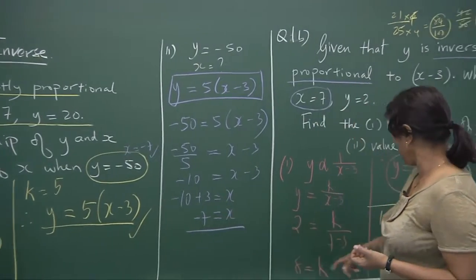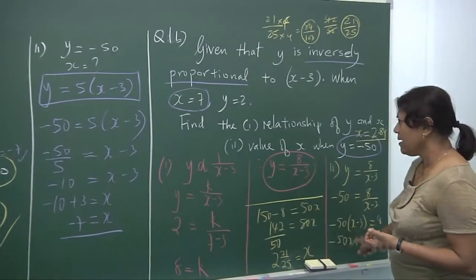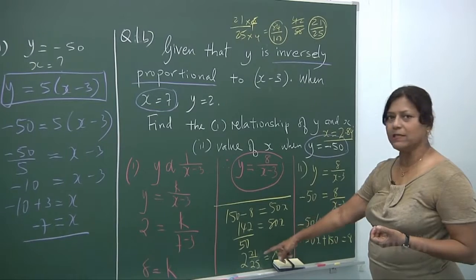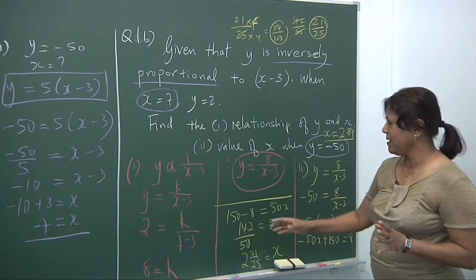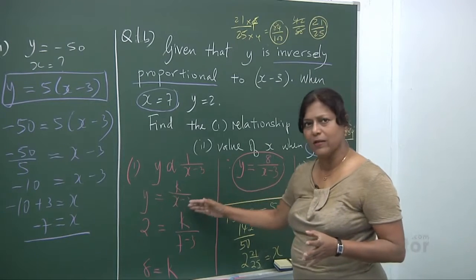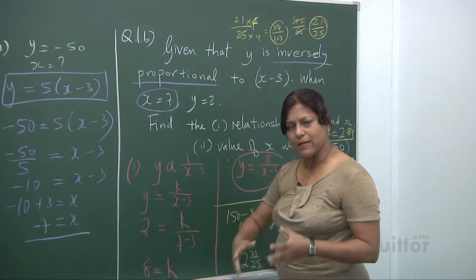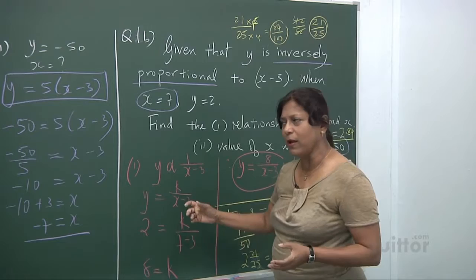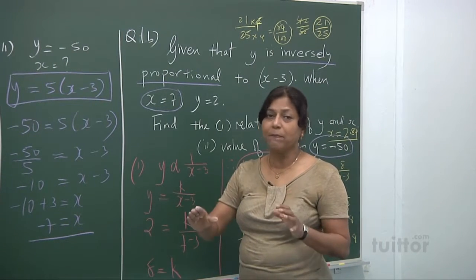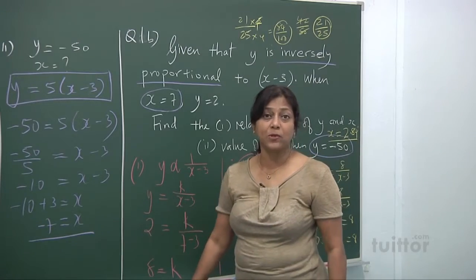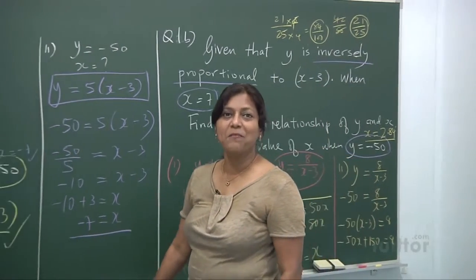Here, when y is minus 50, x is getting to be positive. So you can see the relationship in this sum. And inverse, you go down, that's all. When something gets bigger, this is getting smaller. Whereas direct, there is a relationship where you get bigger, the other number also gets bigger. All right, we'll come to question 2.